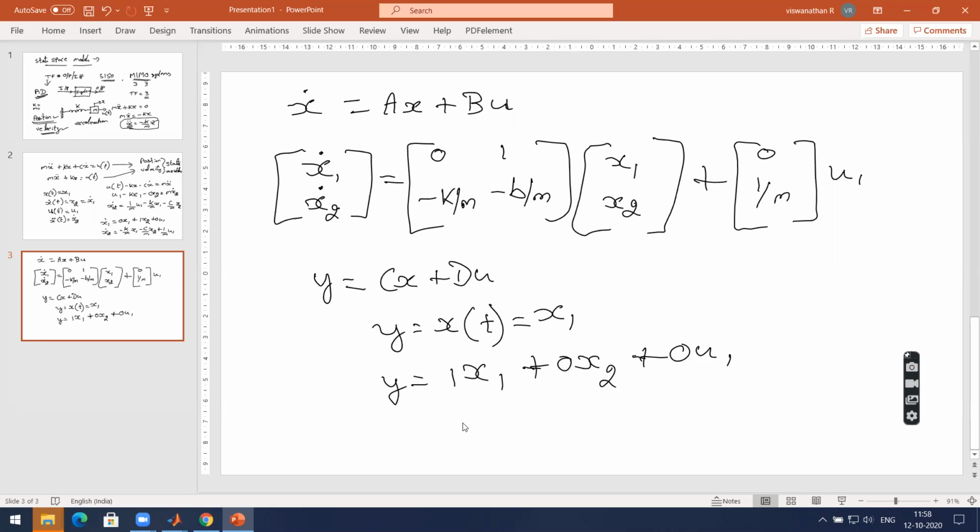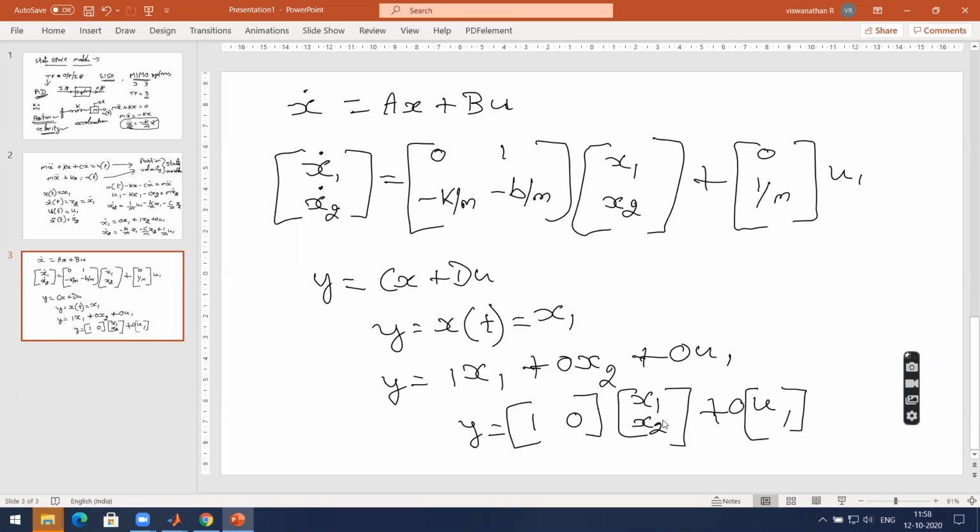If I have to write this in matrix form, y is equal to, what is C? 1 and 0, and this side it will be x1 and x2, plus 0 times u1. So this is how you write y is equal to Cx plus Du.